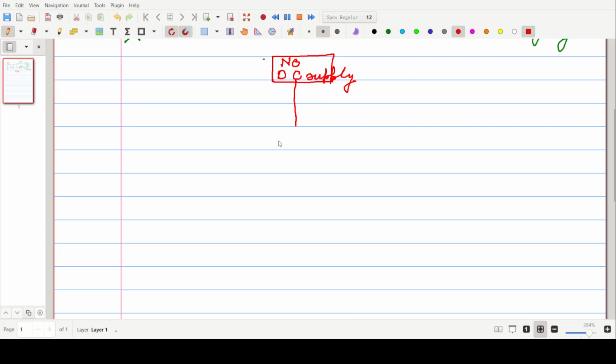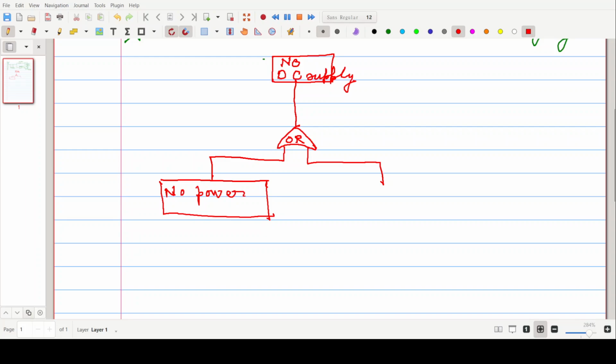So what can be the reason for that? So you are going to see whether the fuses are blown or not, etc. So there can be two events. So one like this, I would say, no power supply to converters.